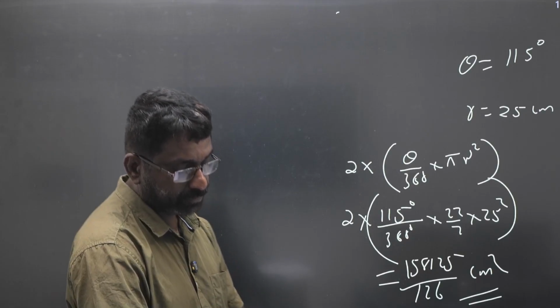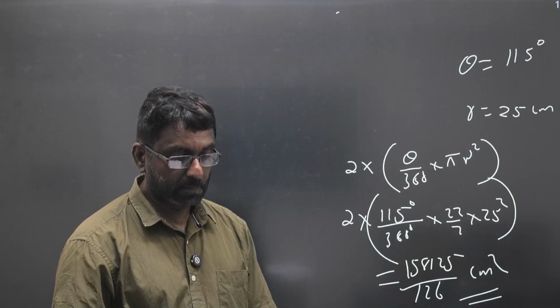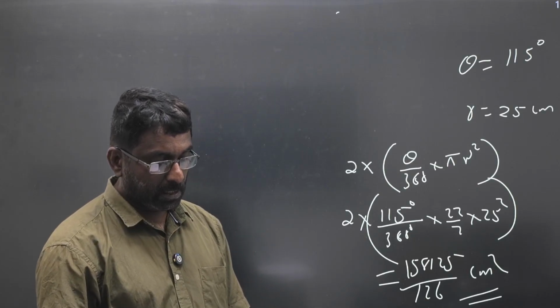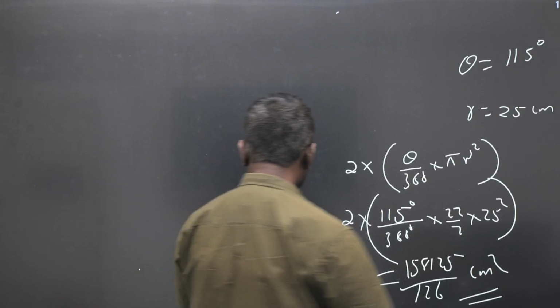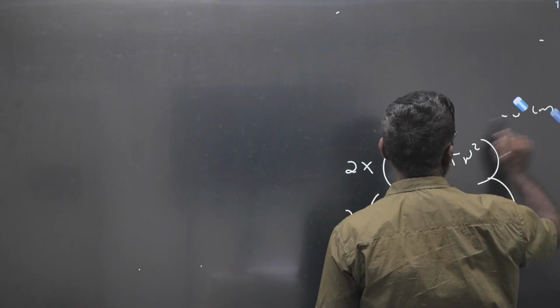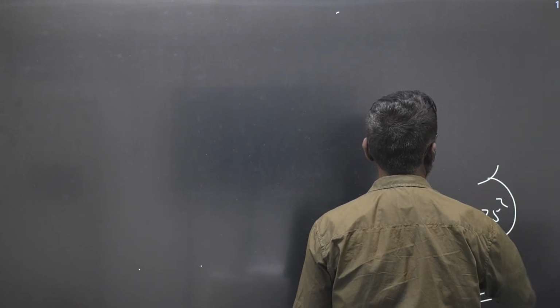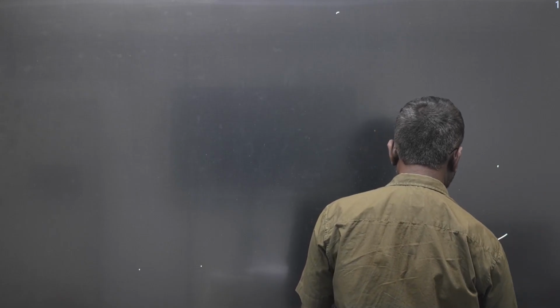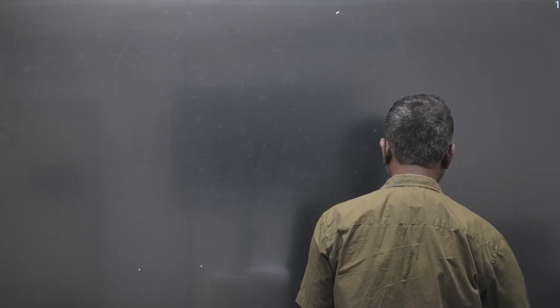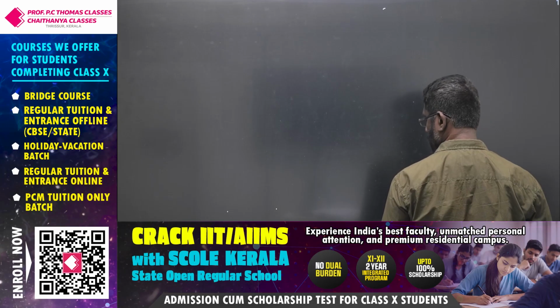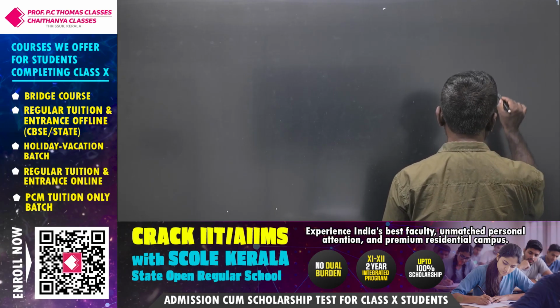Another question. A round table cover has 6 equal designs as shown in the figure. I can draw the figure.